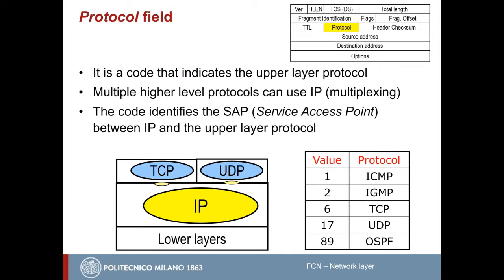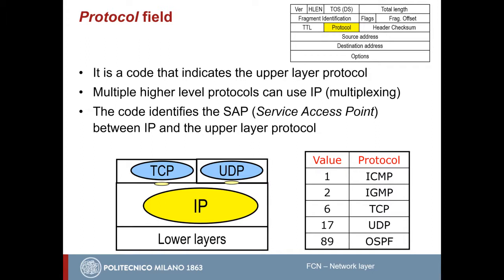Then we have protocol. The field protocol is used to understand what protocol is exploiting IP in order to transfer data. So basically, it regards the content of the payload of the packet.